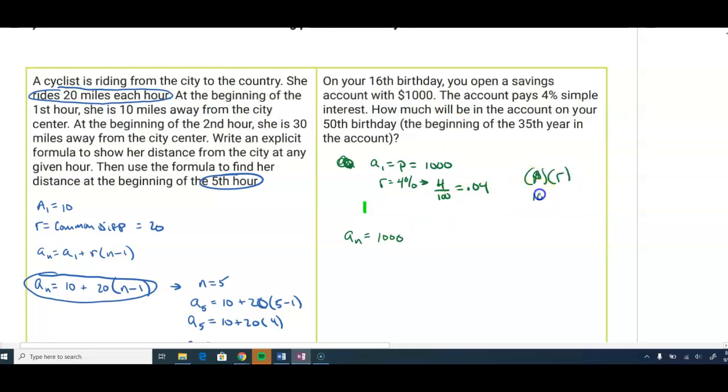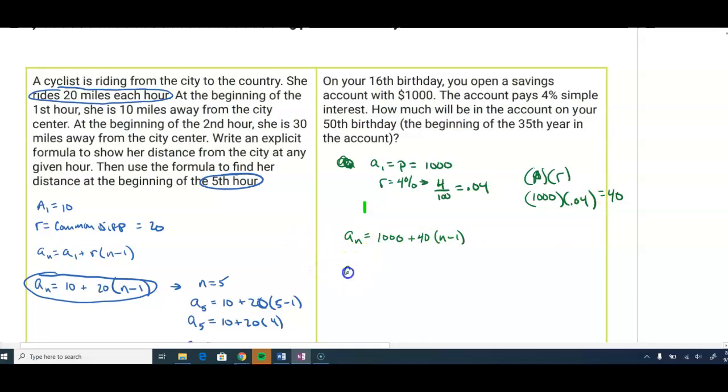Right away my principal is 1,000 times my rate is 0.04, okay? And what does that give me? It gives me 40. So it's going to be 1,000 plus 40 times n minus 1. Okay, so remember this rate, you're adding $40 each year.